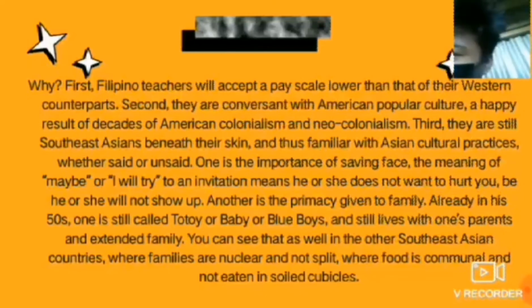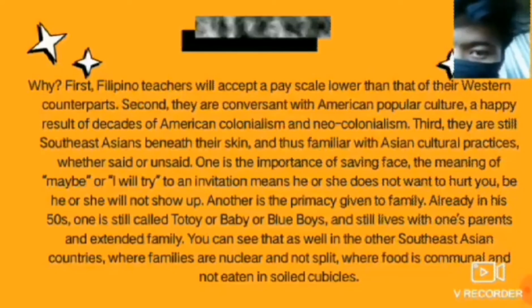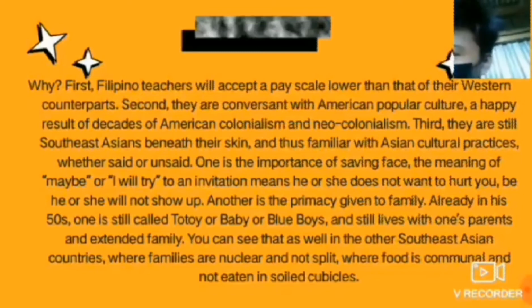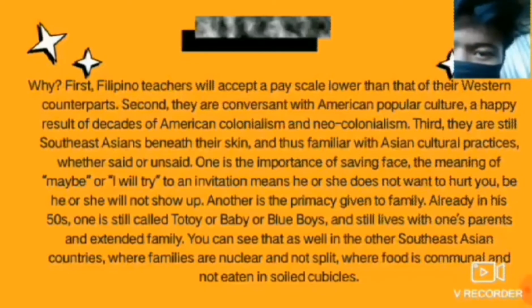Third, they are still Southeast Asian beneath their skin, and familiar with Asian cultural practices. Whether said or unsaid, one is the importance of saving face. The meaning of "maybe" or "I will try" to an invitation means he or she does not want to hurt you.